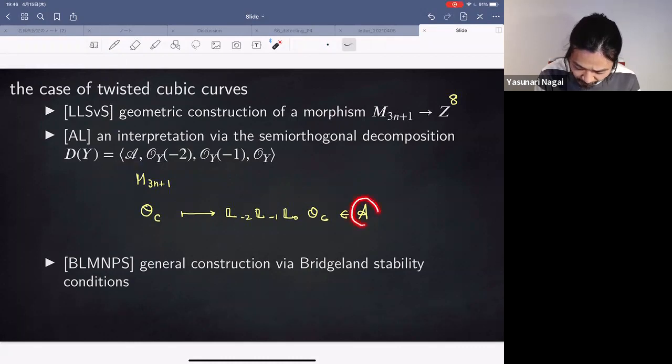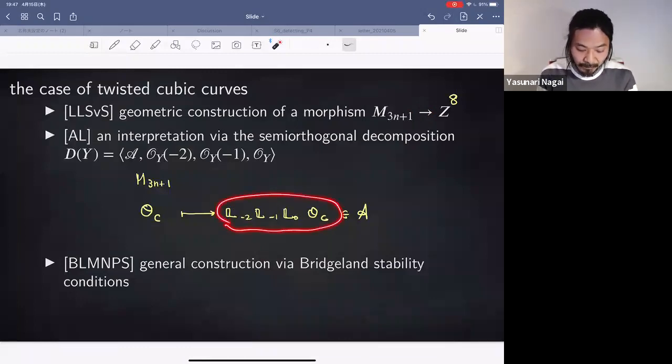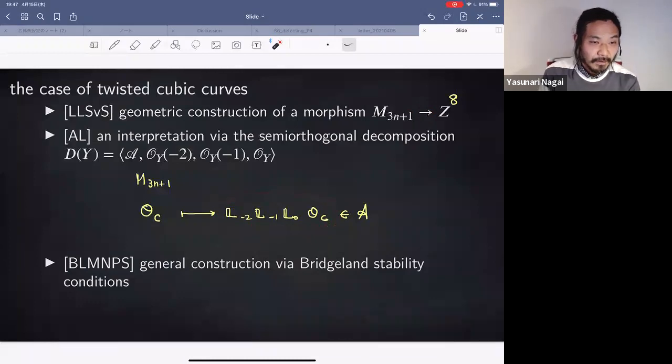This is a 2-Calabi-Yau category, and the image of this contraction morphism really corresponds to the isomorphism classes of these objects. So this was the observation of Addington and Lehn.